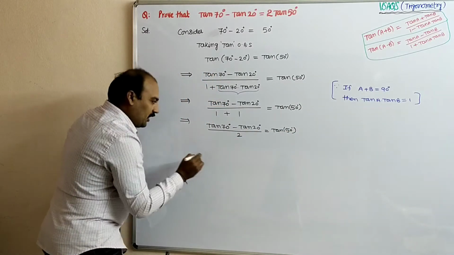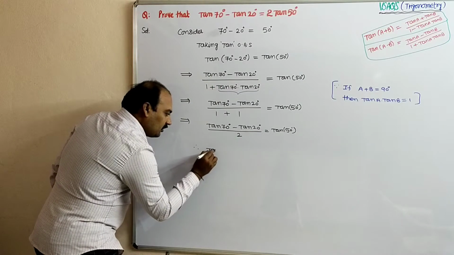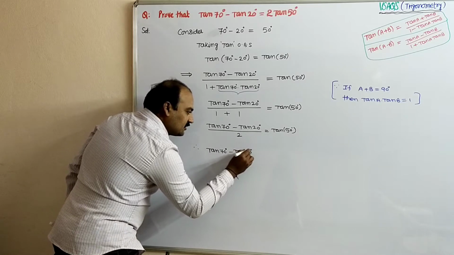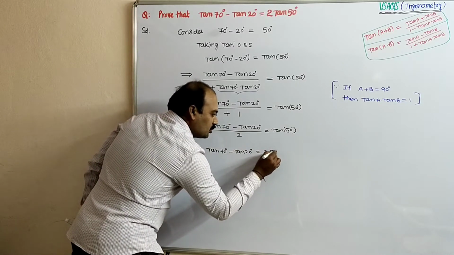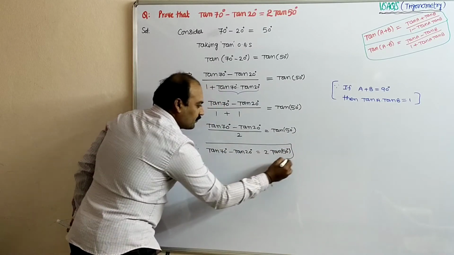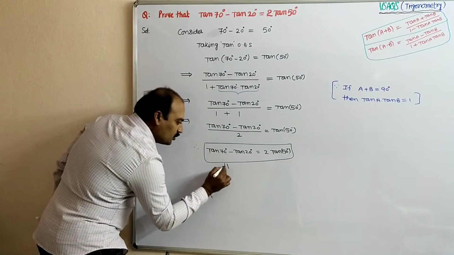So cross multiply: tan 70 degrees minus tan 20 degrees is equal to 2 into tan 50 degrees. Hence proved.